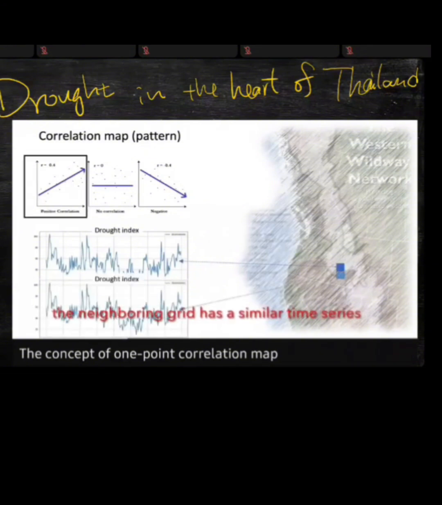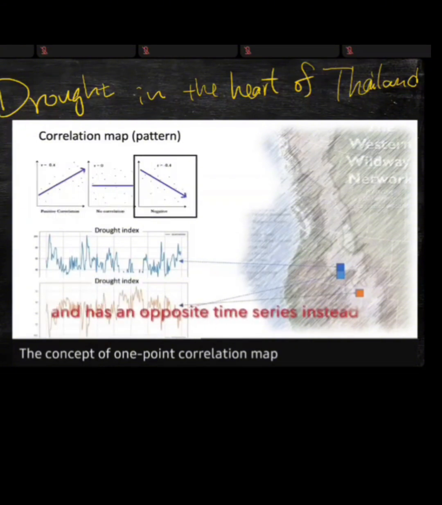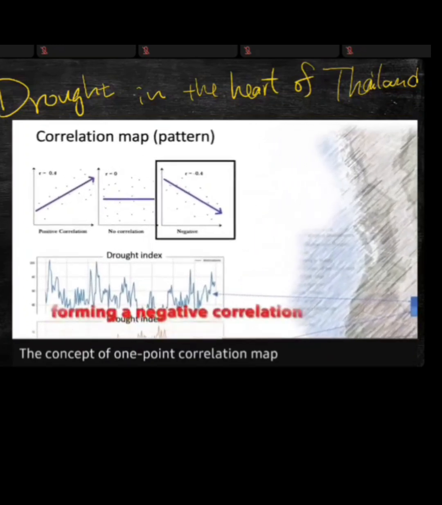Now, if you pick the next station, because these are so nearby, you will have a drought variability very similar to the other location, which gives you positive correlations. Now, sometimes you pick a faraway place, and it seems to be negatively correlated, okay?